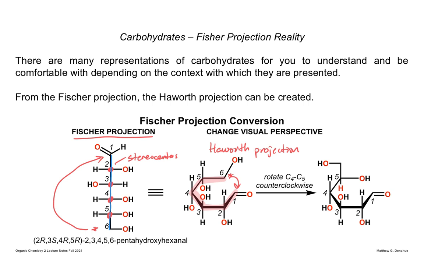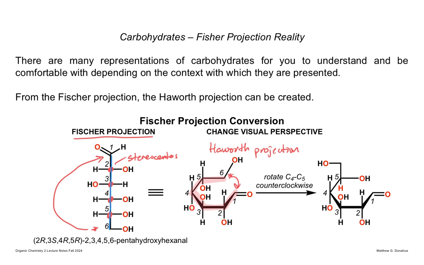I guess the other thing I want to point out, remember how I said glucose was right, left, right, right? So really what you're doing in the Haworth projection is you're looking at the molecule from a different perspective.